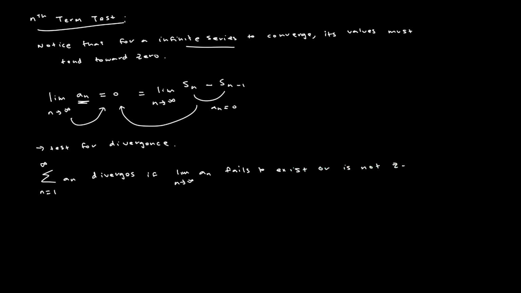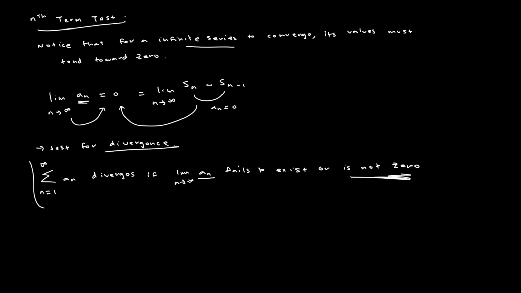So either the limit can fail to exist if a of n just continues to increase as n tends to infinity, or if it converges to a non-zero value, then you're going to have increasing sums as you continue increasing n, and that means that our infinite series is not going to converge to a specific value, and hence in either of those two cases we'll have divergence.